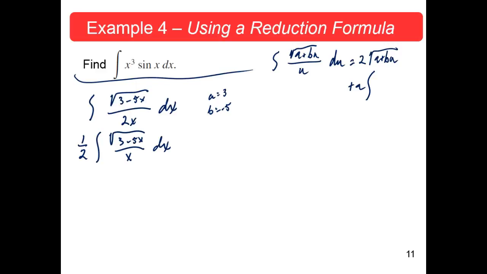Okay, a times 1 over u times the square root of a plus bu, du. Getting off on a line here. Okay. So that's what it says the answer is. So let's see what we can come up with.